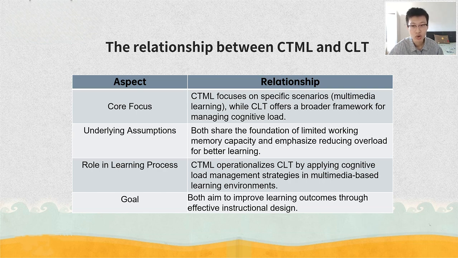Another is role in the learning process. CTML operationalizes CLT by applying cognitive load management strategies in multimedia-based learning environments. Finally is goal. Both aim to improve learning outcomes through effective instructional design.